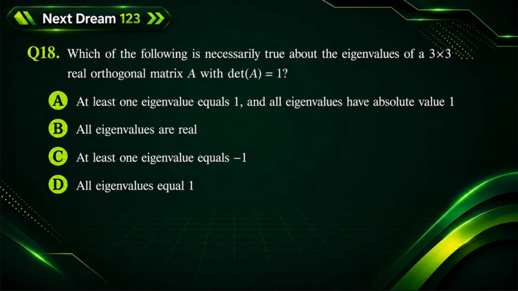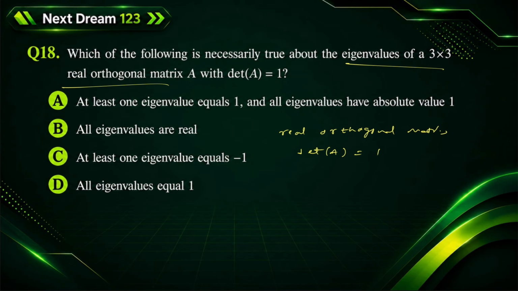Let's discuss one by one. What is given in the question, first of all? In the question they provided eigenvalues of a 3 by 3 real orthogonal matrix, and also the determinant is given, determinant of A is equal to 1. You should remember one thing.